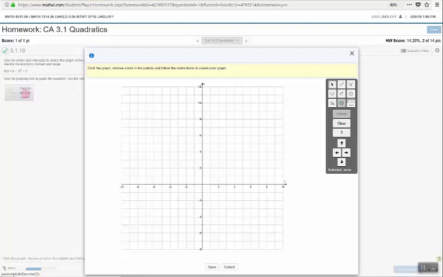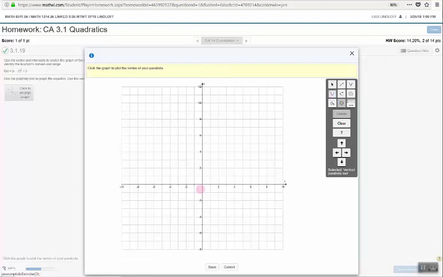Now, to do this, I would need to know the vertex. And if you can see way over here, the vertex is at 2, 5. You would need to know the y-intercept. And I'm just going to tell you that the y-intercept will be 0, 9. So I will click on the a value as an implied positive 1, so it is opening upward.